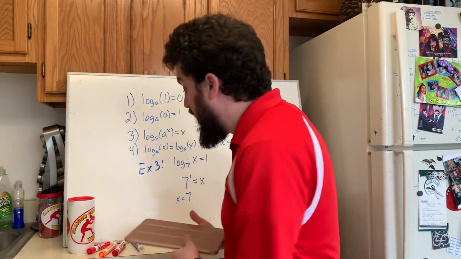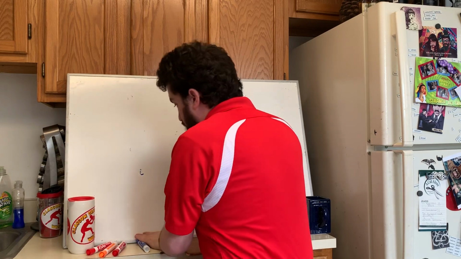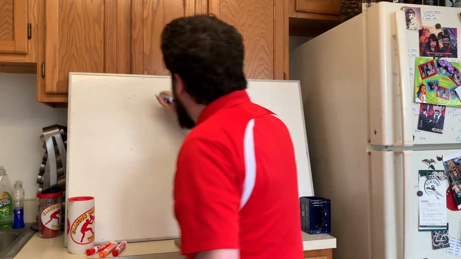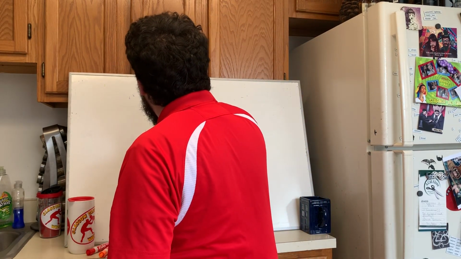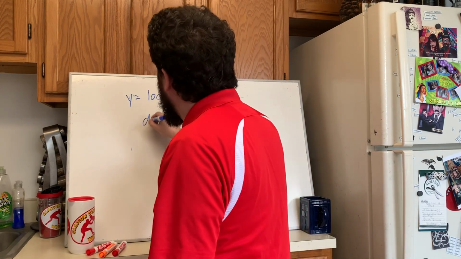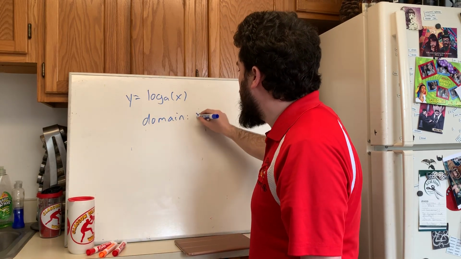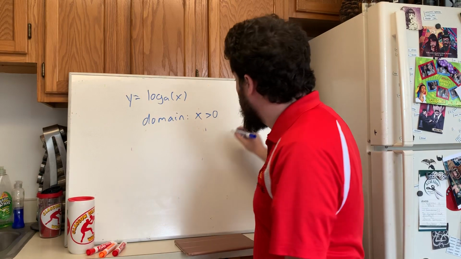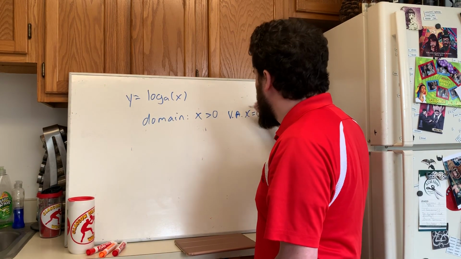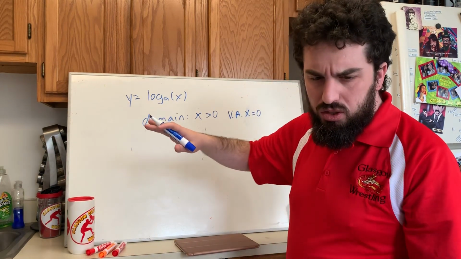So let's write down some important information about those graphs. Again, this is all in the notes page. For log base a, or y equals log base a of x, the domain is x is greater than 0, because we have a vertical asymptote at x equals 0, sorry about that.